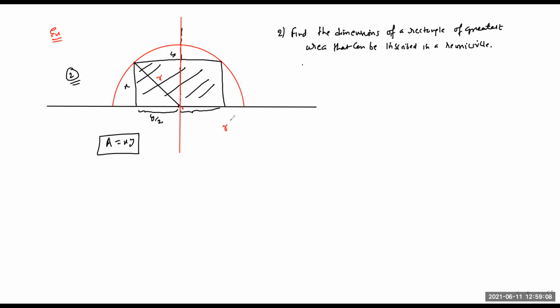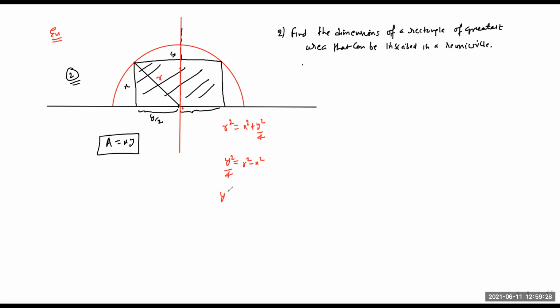We can write r square equals x square plus (y by 2) square. So y square by 4 is r square minus x square.